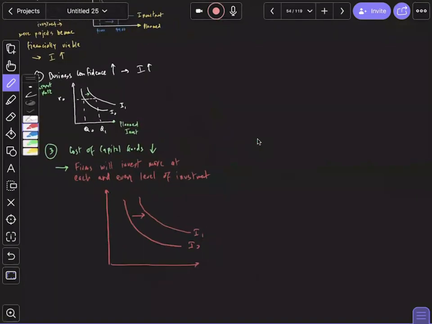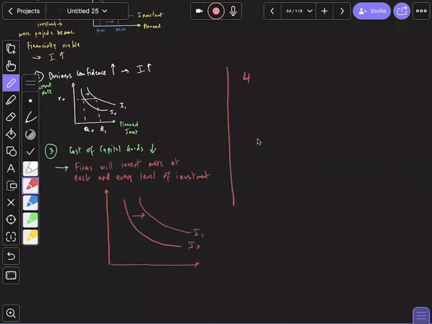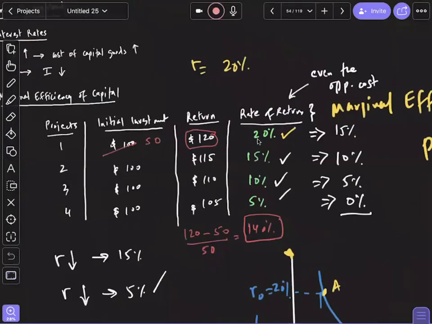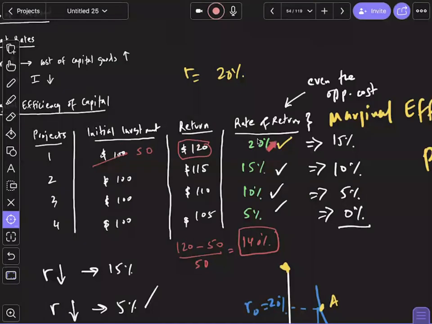Number 4 is what about better technology or improvement in technology? What if improvement in technology takes place? If you look at the table, which of these will improvement in technology affect?